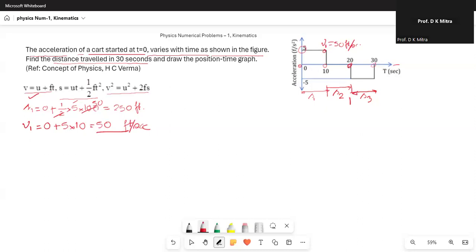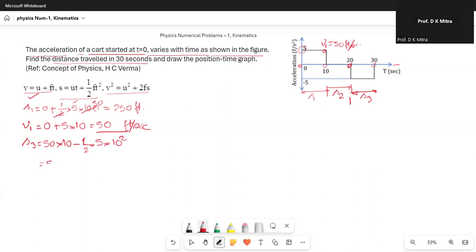So S3, again using the second equation, will be Ut, U is here 50, multiplied by time is 10, minus, because here the acceleration is negative, half F t square, F is 5, t square is 10 square.